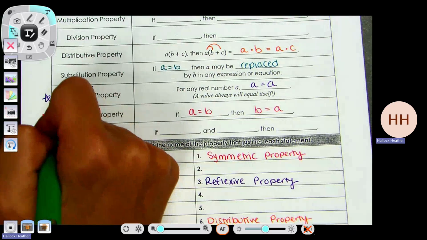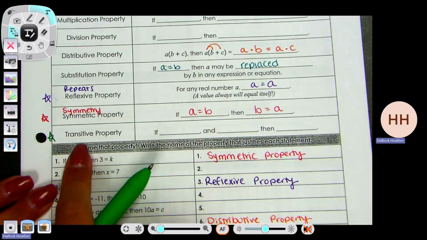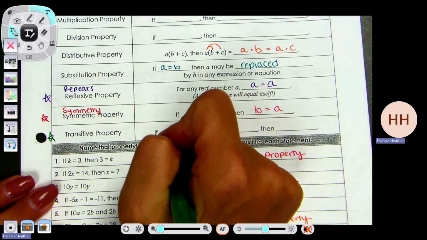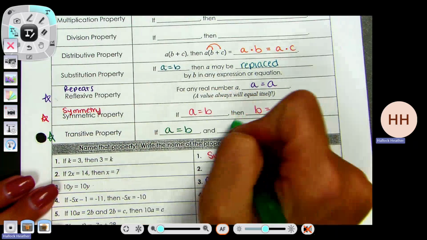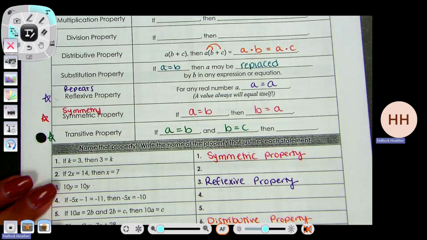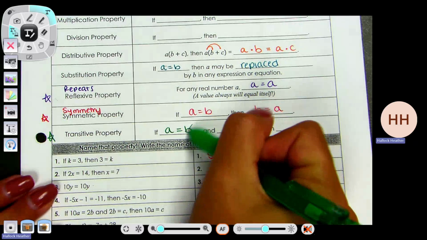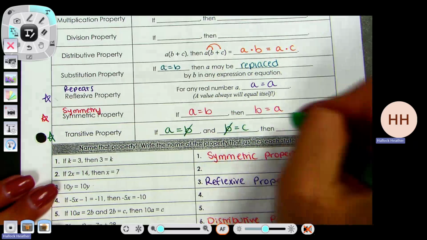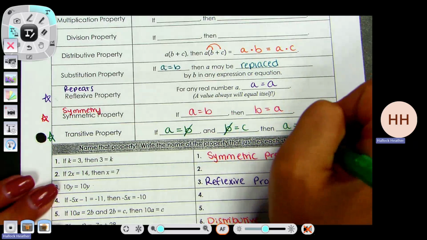Transitive property we slightly talked about on Friday. This is basically if A equals B and B equals C, I can remove what they have in common. So they both have B in common. I can cross out B and I can say A equals C.